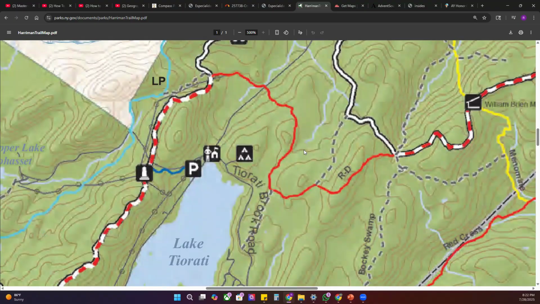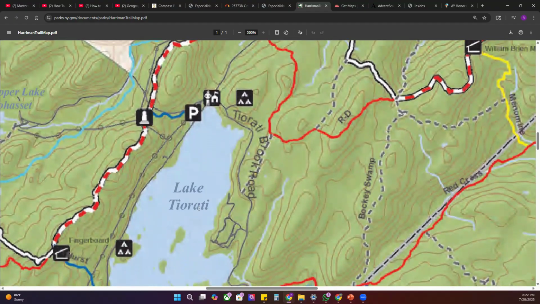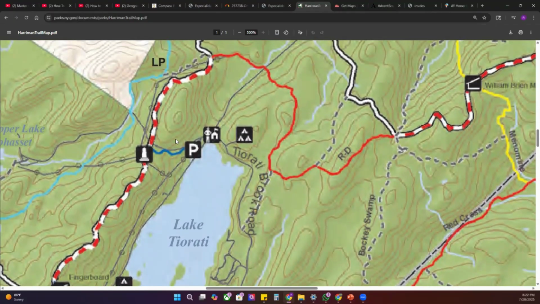All right, so let's go back to our Lake Tiorati, where our camp is going to be. You see the parking sign, right? We have 1, 2, 3, 4, 5, 6 contour lines. How many feet are we going up in total? What's the difference between the parking lot and here?